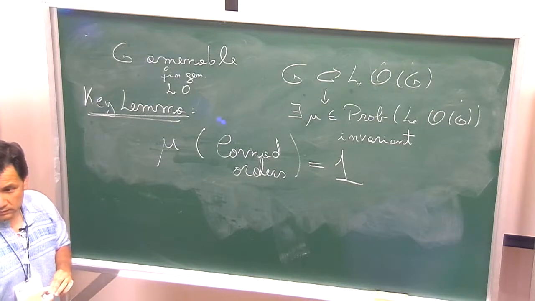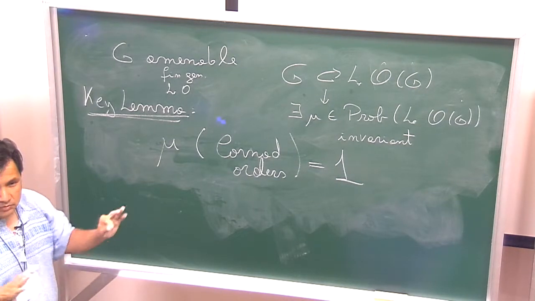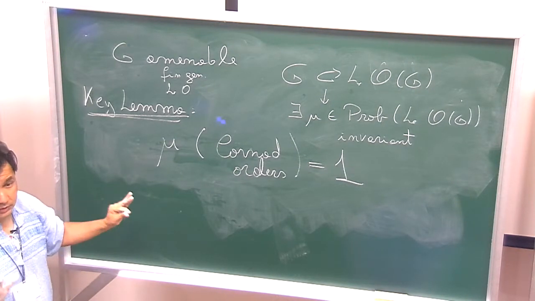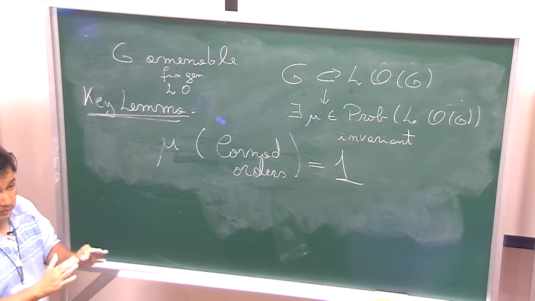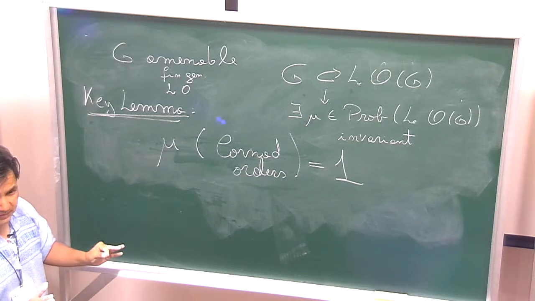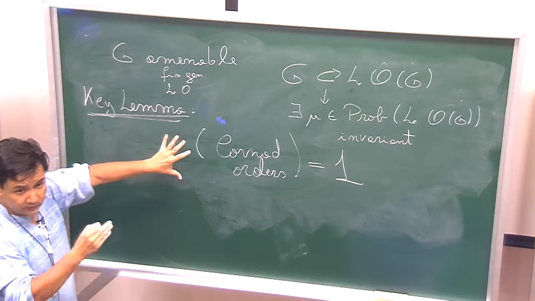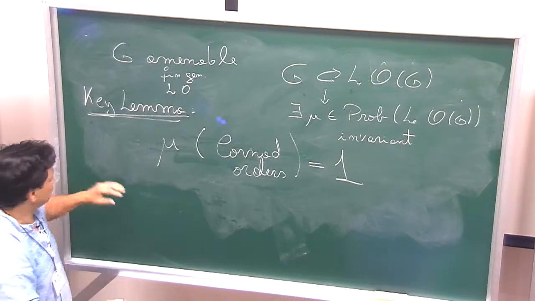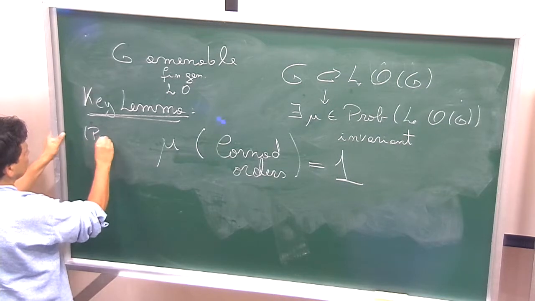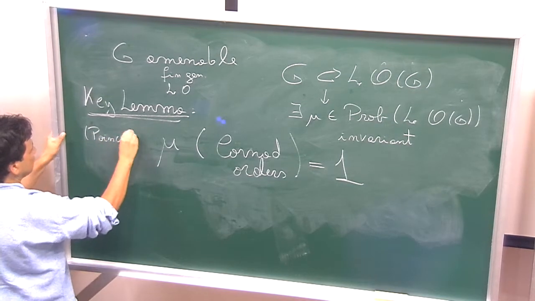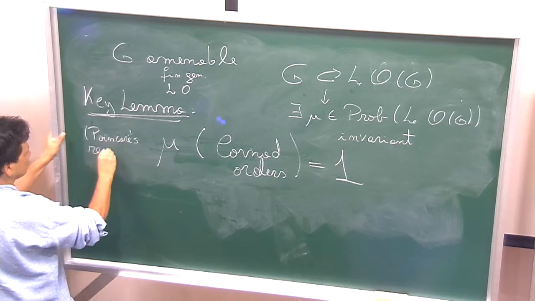Okay? So there must be some Conrad order. And this is the end of the proof. So I will give the proof of this. You will see this is just playing with inequalities and so on. This is the Poincaré recurrence theorem.